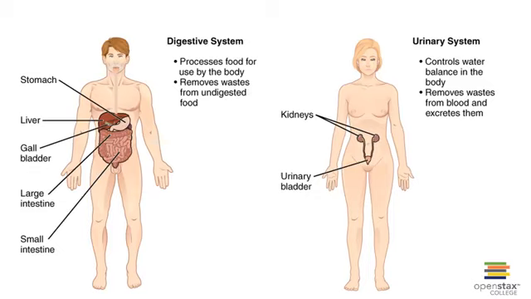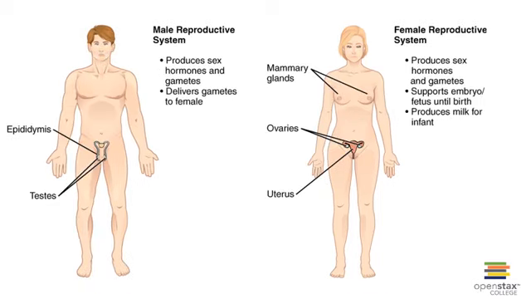The urinary system is composed of the kidneys, ureters, urinary bladder, and urethra. The urinary system filters the blood to remove nitrogenous waste products, eliminate excess water, salts, and waste products, while also controlling pH and electrolyte balance of the body. The reproductive system.